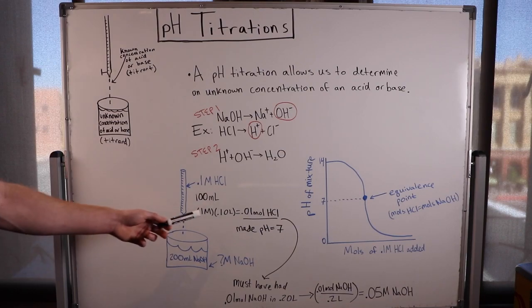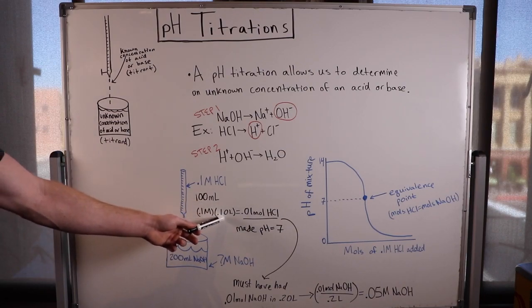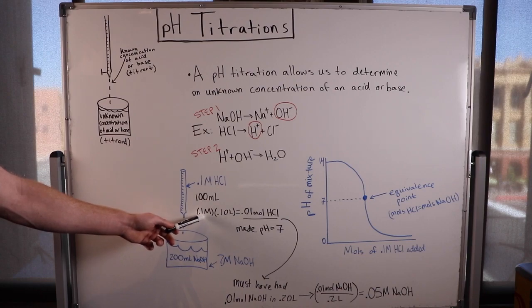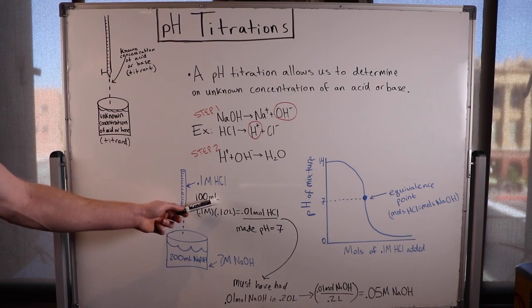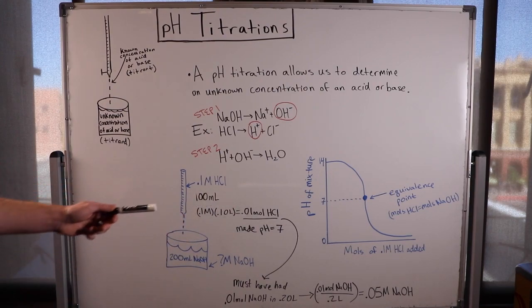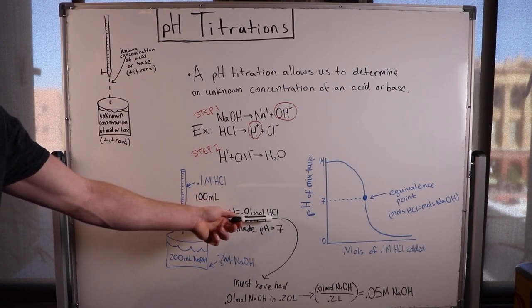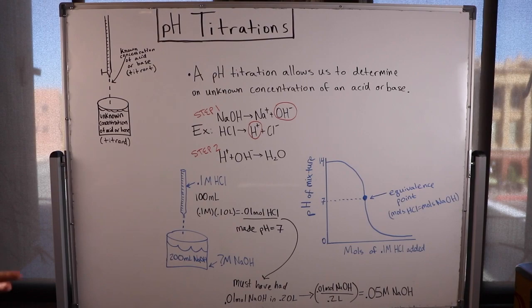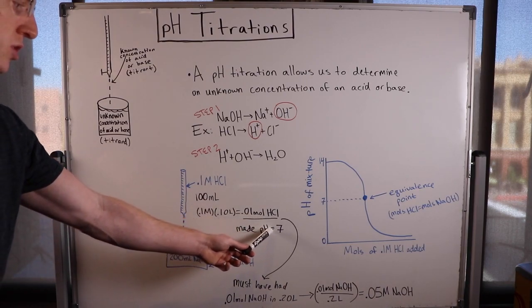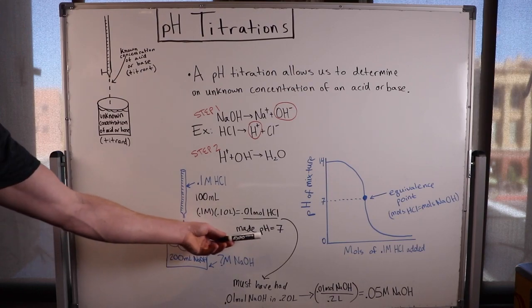So if I add in 100 milliliters, that's 0.1 liters of a 0.1 molar concentration. Remember, molarity is moles per liter, so if I multiply by liters, I get the amount of moles in 100 milliliters. So when I add in 100 milliliters, that means I add in 0.01 moles of HCl. And I'm just going to give you this information: this made the pH of this mixture solution 7.